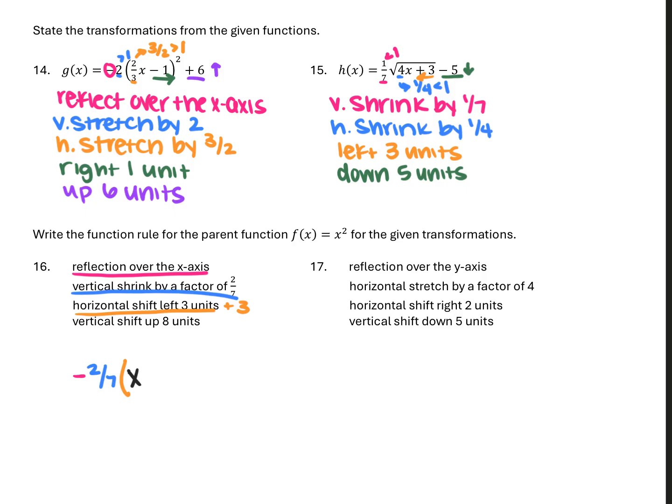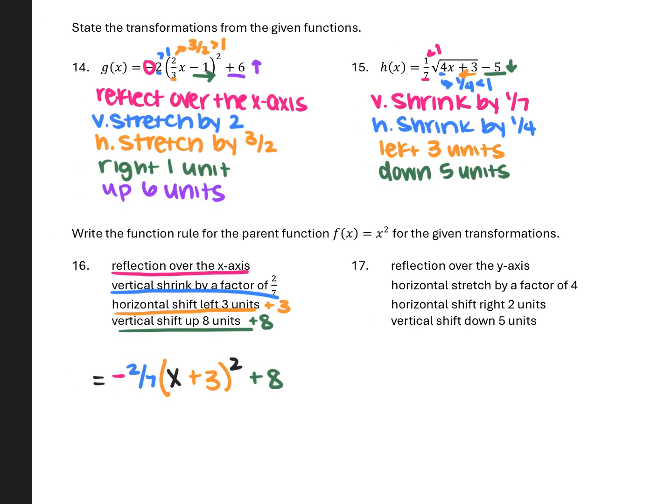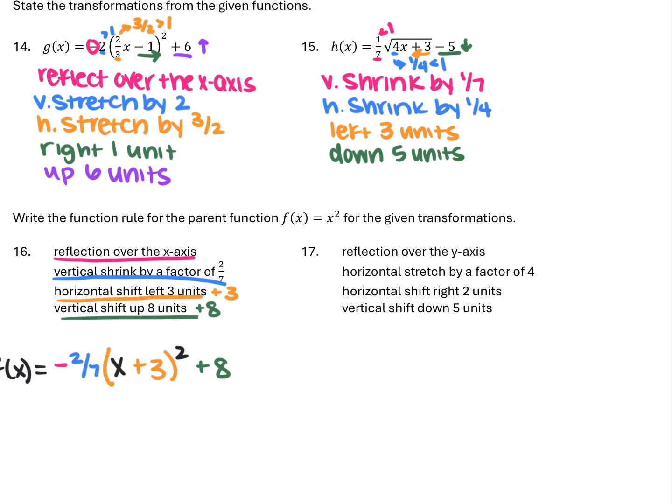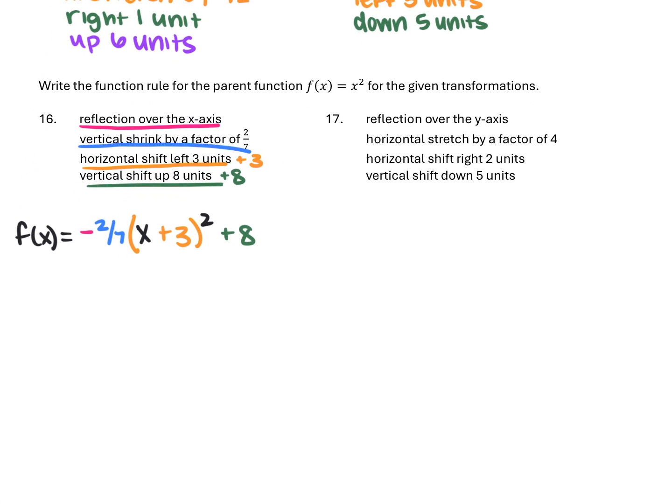That 2/7 gets moved out, and that +3 is on the inside with the x. Lastly, you have a vertical shift up 8 units. So the up 8 units is addition with the 8 on the outside. So you have f of x is equal to -2/7 times (x plus 3) squared plus 8.